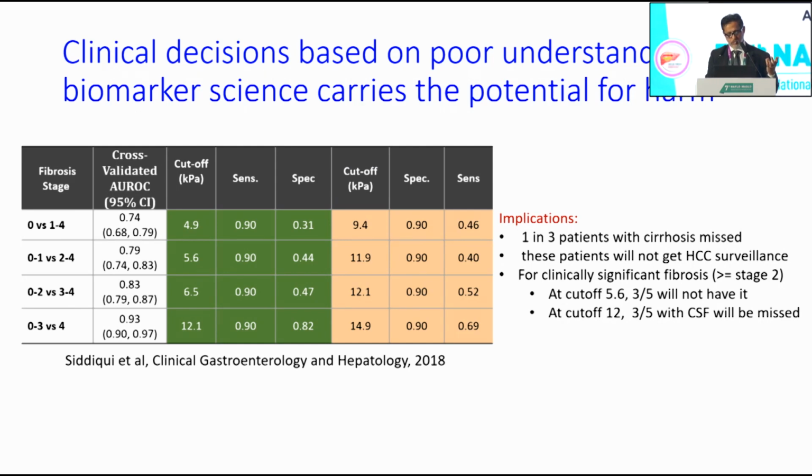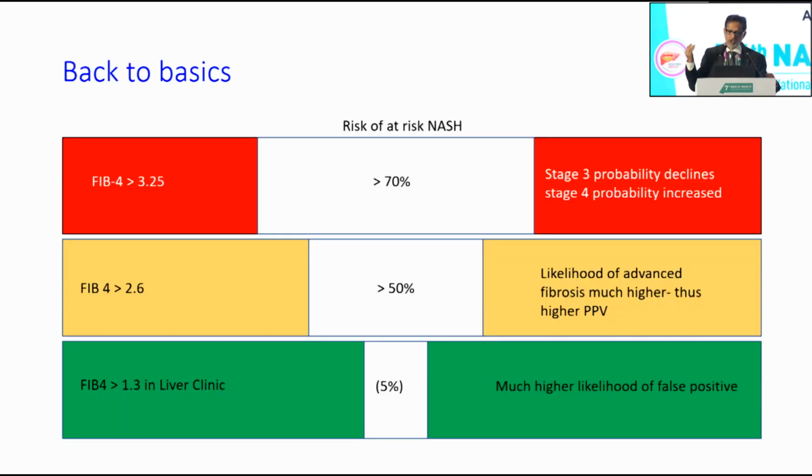So how do you then deal with all of this? So what to do? This is now very confusing because we just threw a bomb in the middle of all our preconceived ideas about what cutoffs to use and what decision making to do. So you're back to basics. You come back and think about what's the a priori likelihood that the patient has clinically significant fibrosis, and we're particularly interested in finding out who has advanced fibrosis because they are closest to outcomes.